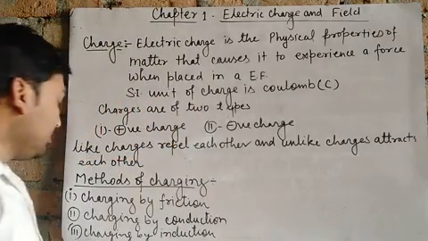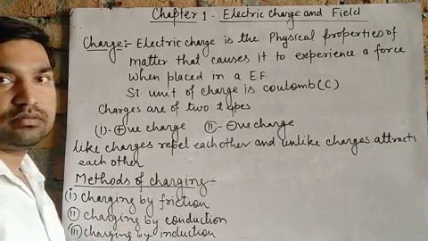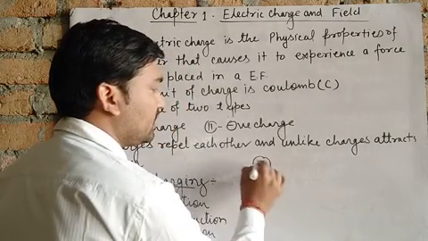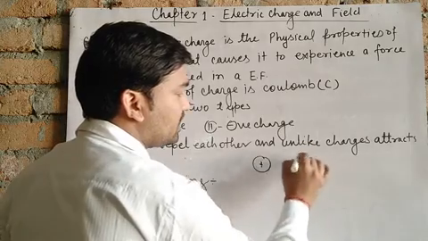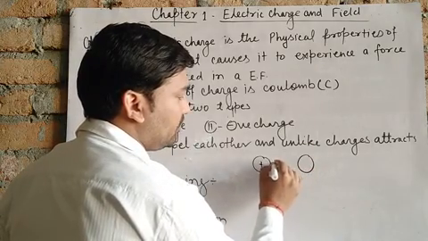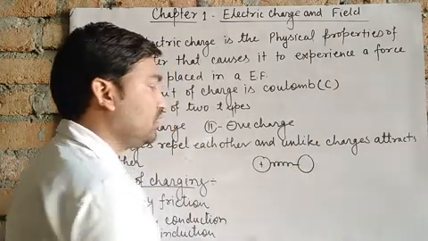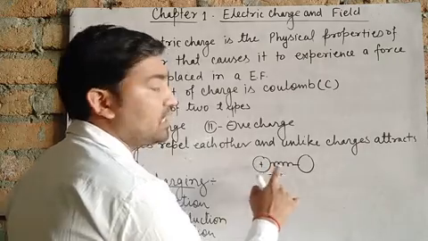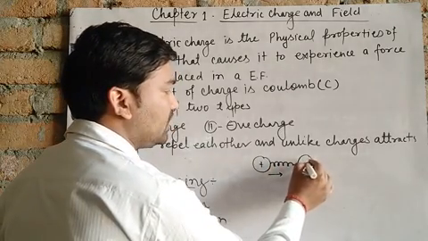The second method is charging by conduction. This method is most popular. When a charged body is connected by a conductor to an uncharged body, the charge flows from the charged body to the uncharged body, and it also gets charged by the similar charge.